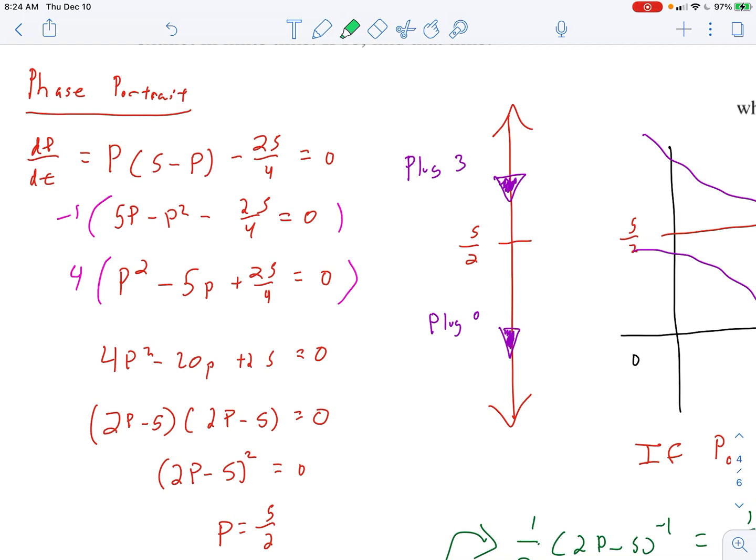I plug in 0 because it's easy to work with. You really don't want to plug in anything less than that because we're talking about population, which can't be less than 0. When we plug it into the logistic equation, we still get a negative number, so we're tending down. If we plugged in 1 or 2, we'd get a negative number. So anything that's below 5 halves is going to tend towards 0.